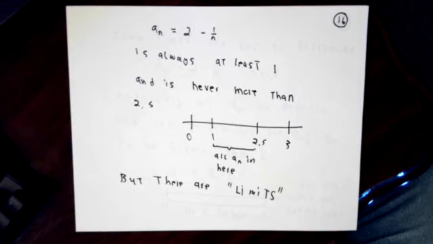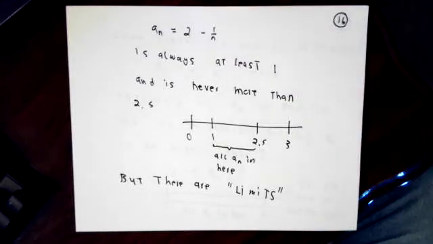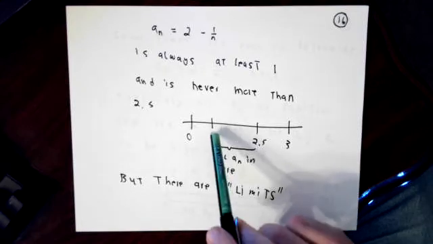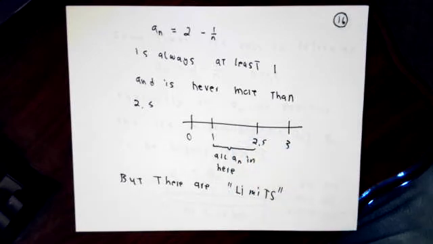On the other hand, it's also obvious that a sub n can never be more than 2.5. I'm being a little loose in my bounds here, but everybody can see that all of the a sub n's lie within this interval.